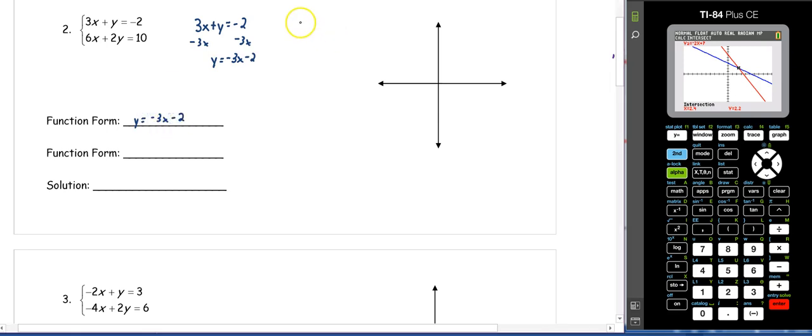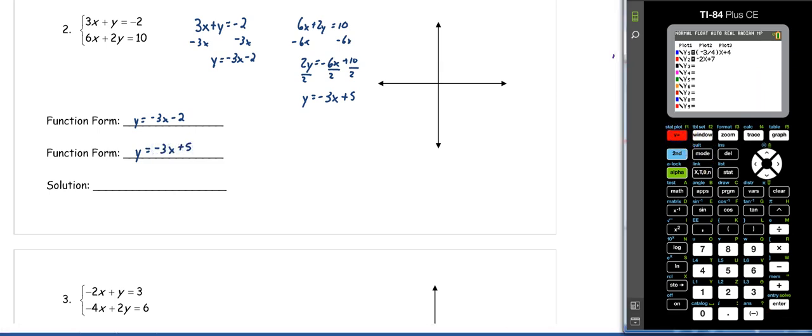Then my second equation, I have 6x plus 2y equals 10. I need to solve for y. My first step, I'm going to subtract 6x from both sides. 2y equals negative 6x plus 10. And I'm going to divide everything by 2. So y equals negative 3x plus 5.